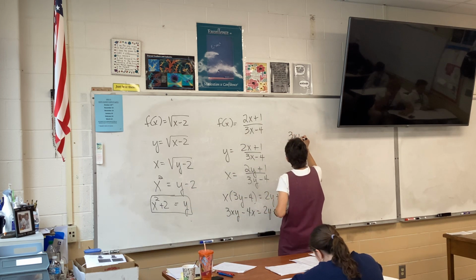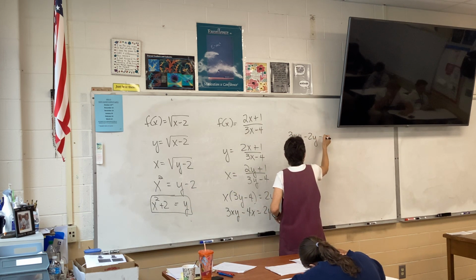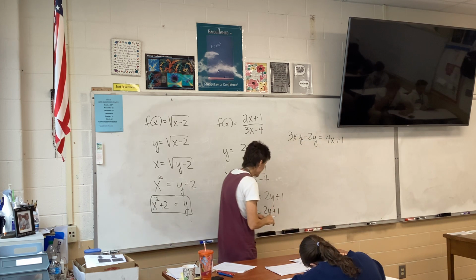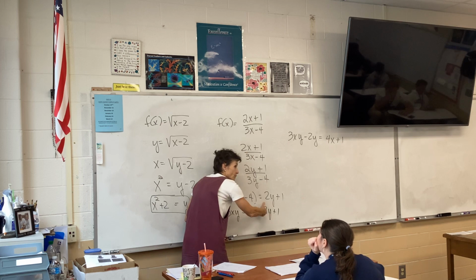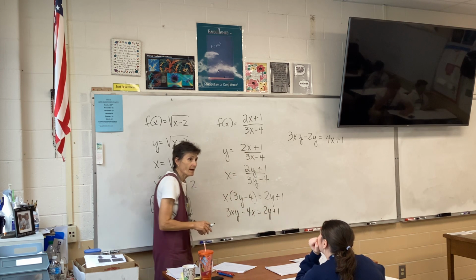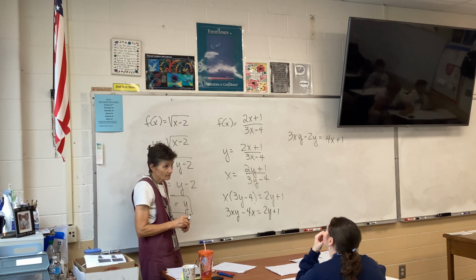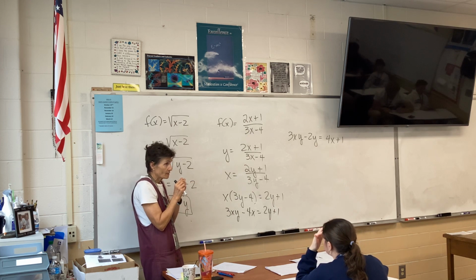So I have 3xy minus 2y equal 4x plus 1. Basically, I just flip-flop these two, because I gotta have my y's on the same side. Okay? That's the important step right there.